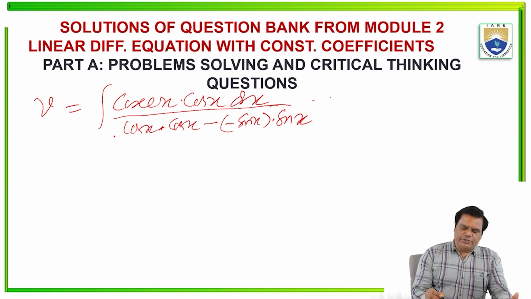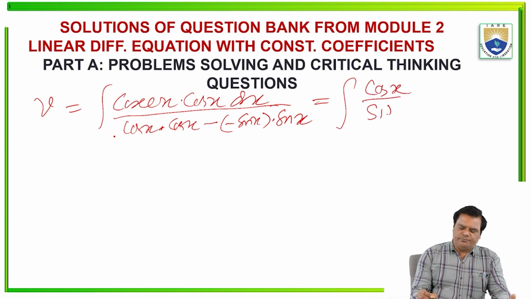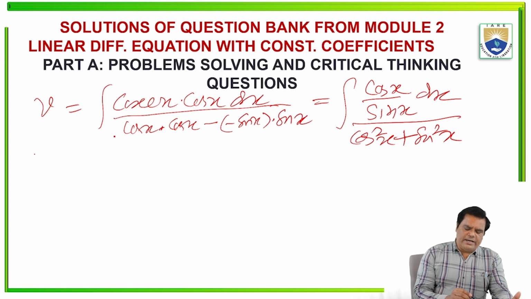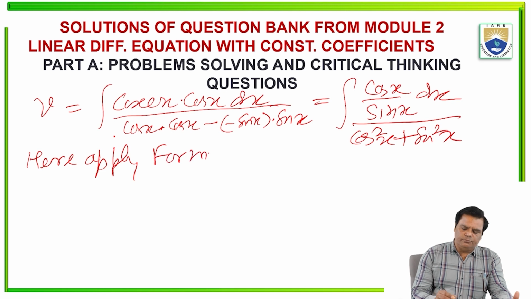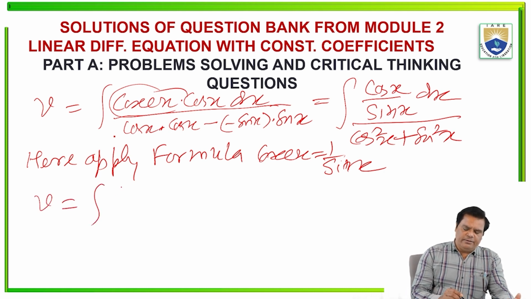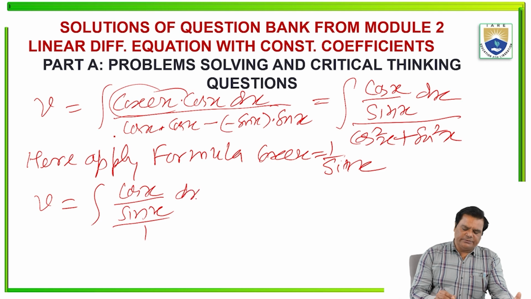So this equals integration of cosec x cos x dx upon cos square x plus sin square x. Here we apply the formula cosec x equals 1 upon sin x. So v is equal to integration of cos x upon sin x upon 1 dx.